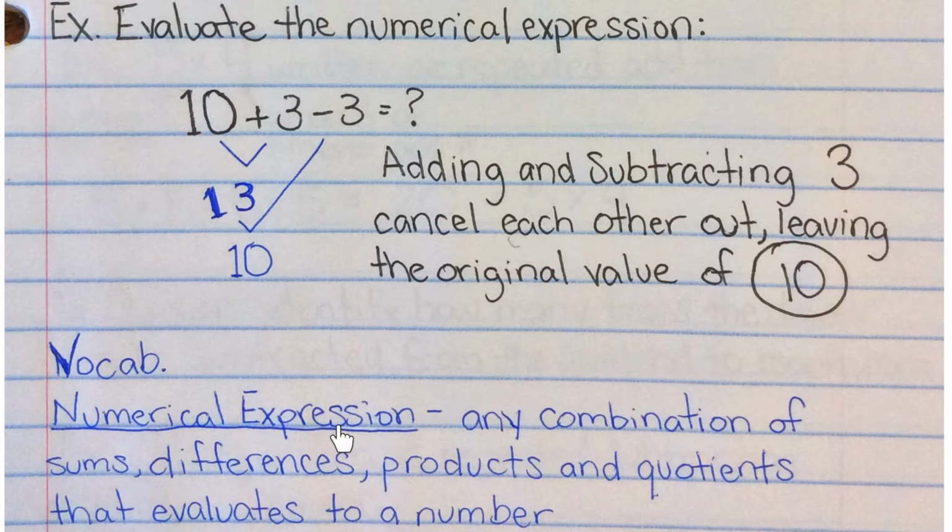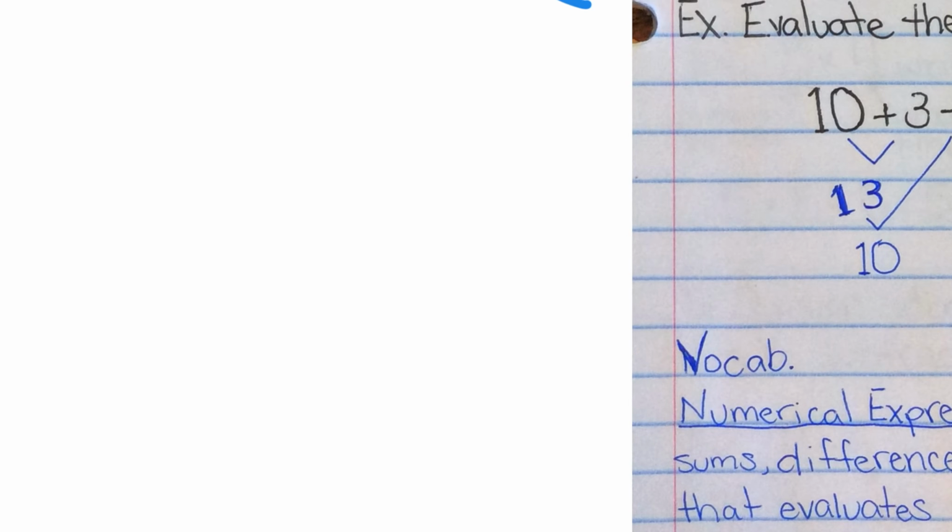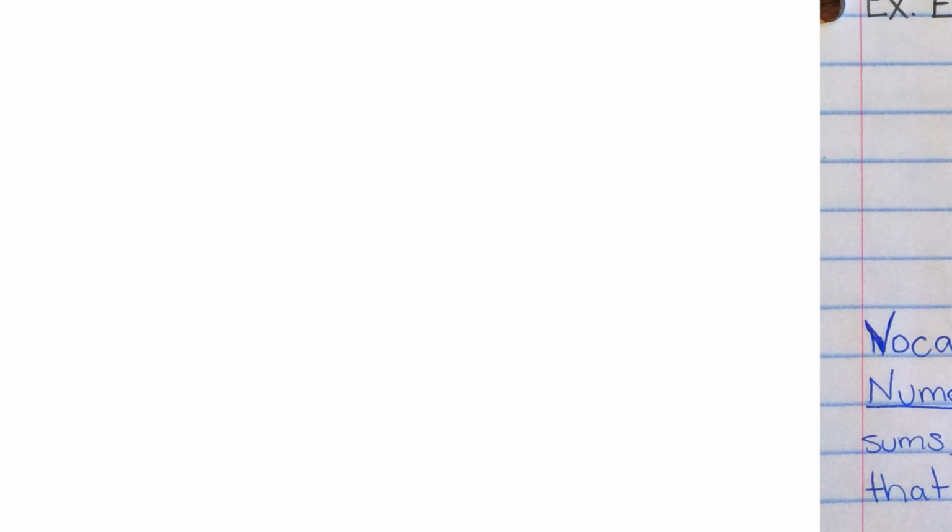A numerical expression is any combination of sums, differences, products, and quotients that evaluates to a number. Now sums is addition, differences is subtraction, products is multiplication, and quotients is division. So a numerical expression is literally any math problem that can be solved into a number.